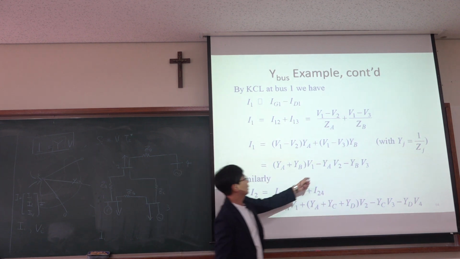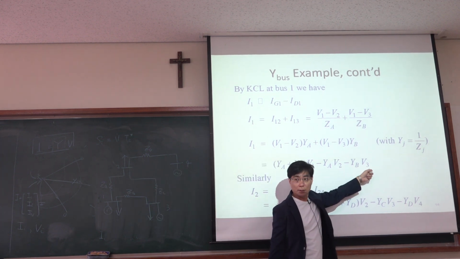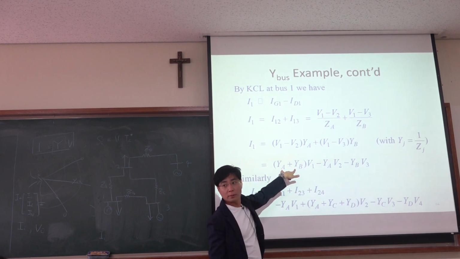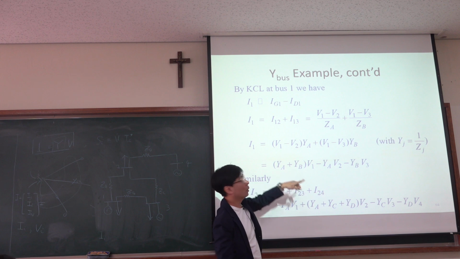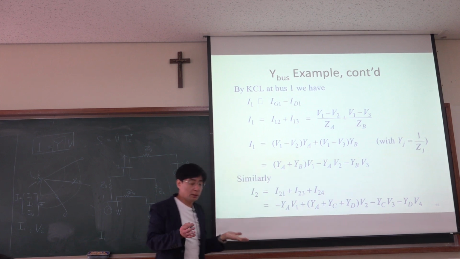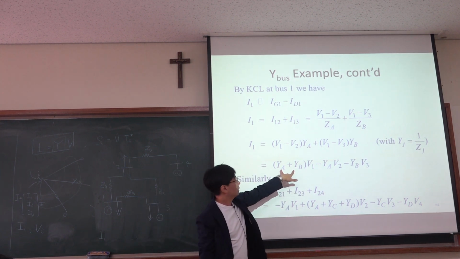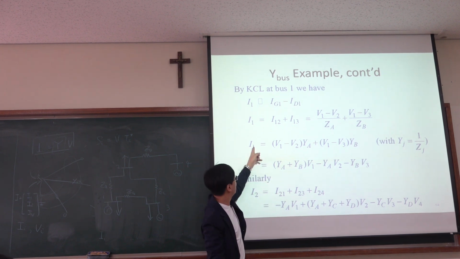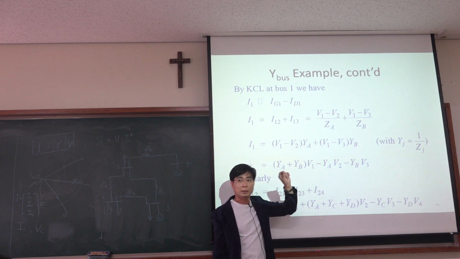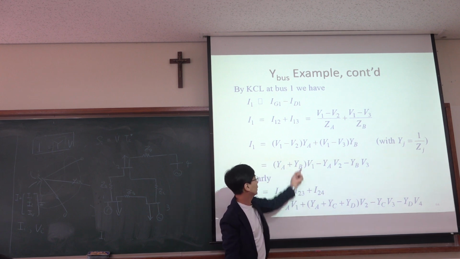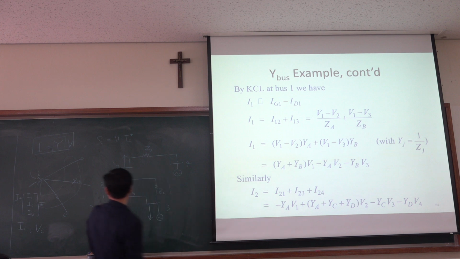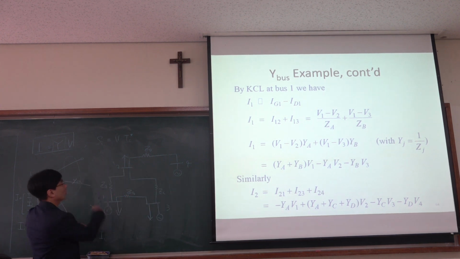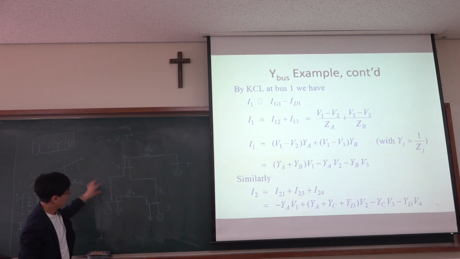So we have V1, V2, V3, and this part is the diagonal term, right? When we construct the bus admittance matrix, this is the diagonal term, because I1, V1, same index. And what do you see? This is the sum of the admittance connected to this node, 1 over ZA, YA plus YB.